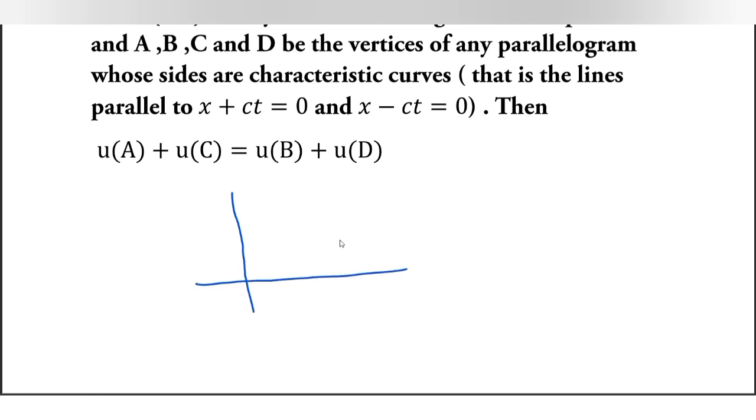This theorem says that the sides are parallel to the characteristic curve lines x plus ct. So if we draw this and this, this is the a point, this is the b point, this is the c point, this is the d point.